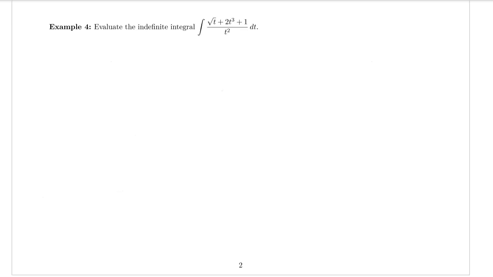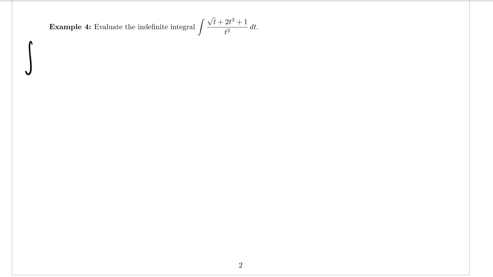Example 4 says to evaluate the indefinite integral of the square root of t plus t cubed plus 1 all over t squared dt. Now, what's going to make our life easier, and this is kind of similar to when we were in Calculus 1, where when taking the derivative of something like this, we could use the quotient rule, or to make our lives easier, we could make it so that it's no longer a fraction.